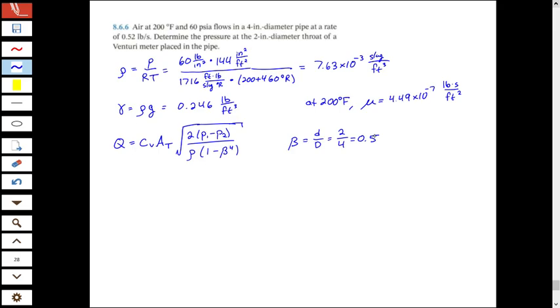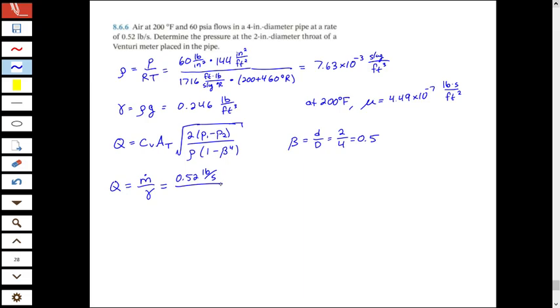Then what we need to find, or what we can find out, is the volumetric flow rate. The volumetric flow rate, in this case, is the mass flow rate, m dot, divided by the specific weight of the fluid. So we have 0.52 pounds per second.